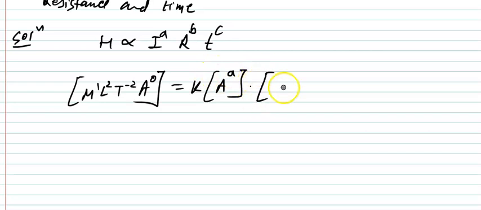Now what is the dimension of the resistance R? Who will tell me the dimension of the resistance R? T to the power minus 3, A to the power minus 2, and what about M to the power? Everyone have this dimension? Which one is dimensionless? Resistance is a dimensional constant.